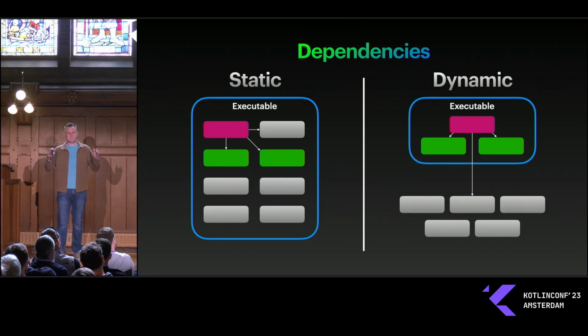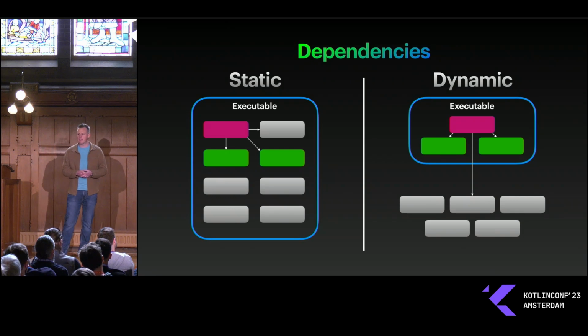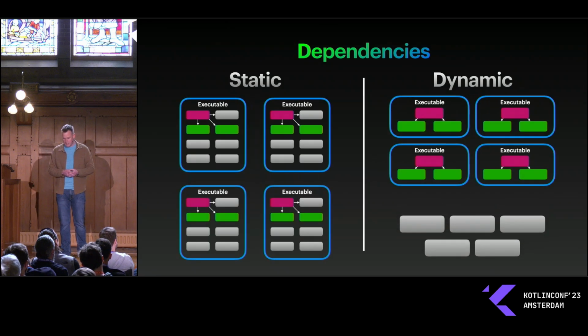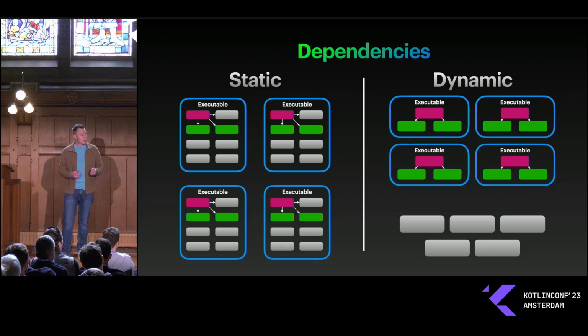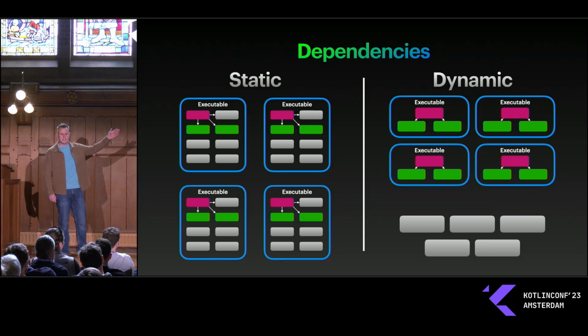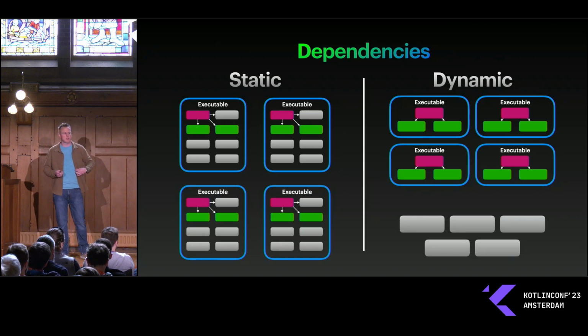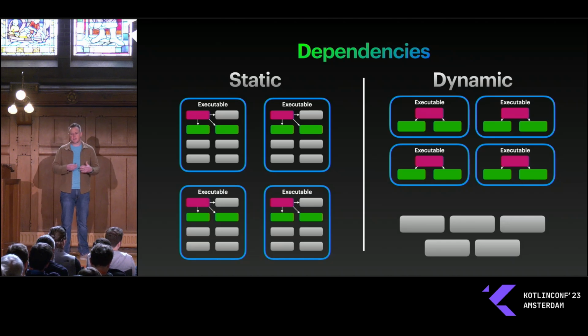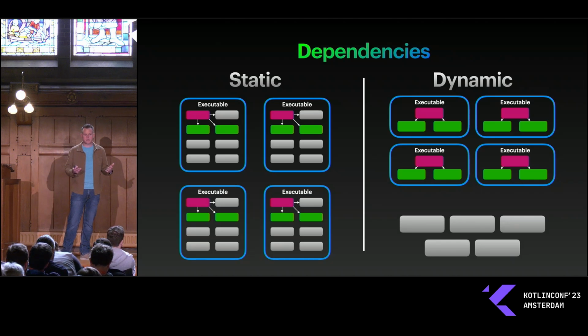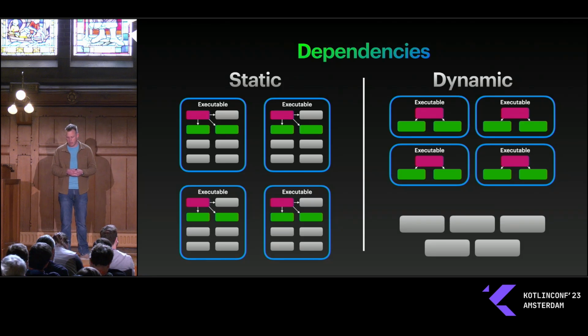However, as you get more packages and libraries and tools on your system, it starts to look like this, where these statically linked dependencies may all be the same dependencies, but they're repeated in all of the executables across the system, which means they're taking up disk space, the executable's larger, it takes longer to download, all of that.